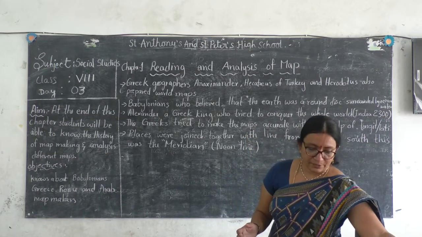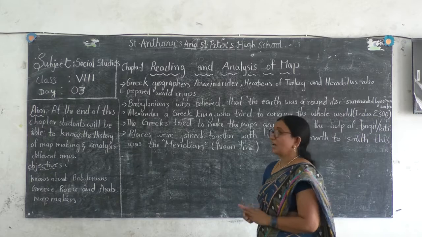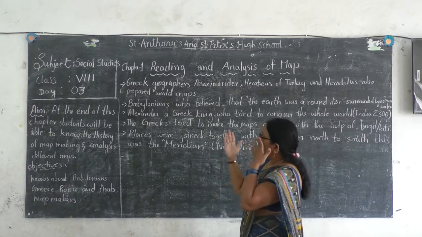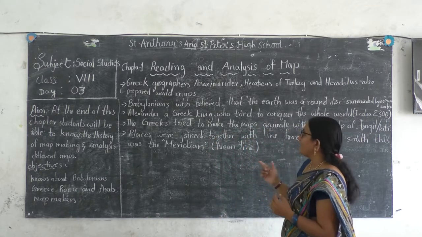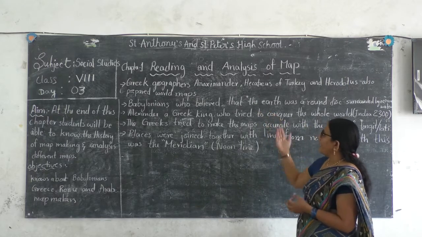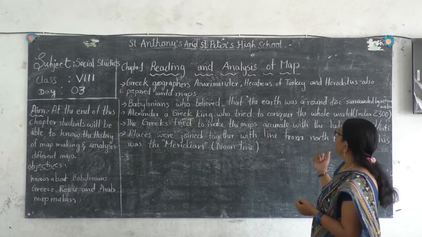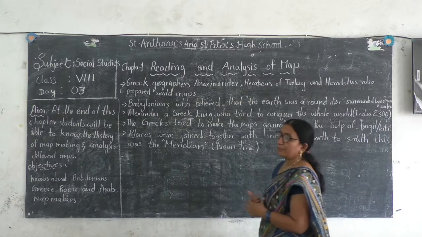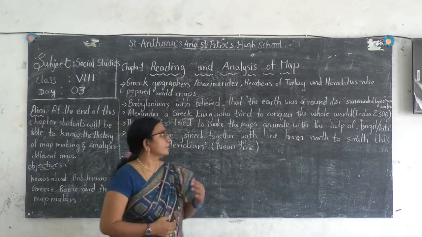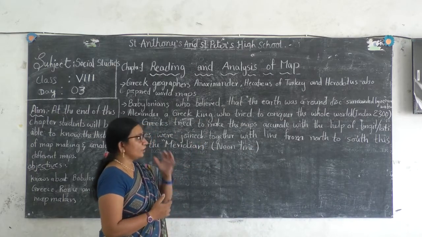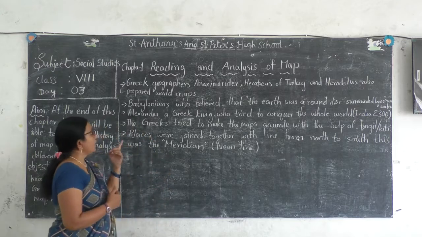So here we can observe, let us start with the Greek geographers Anaximander and Hecataeus, who was from Turkey. Herodotus also prepared a world map.